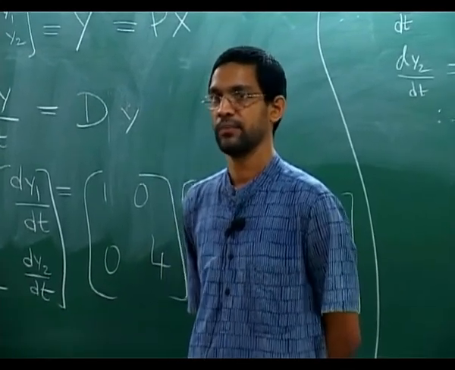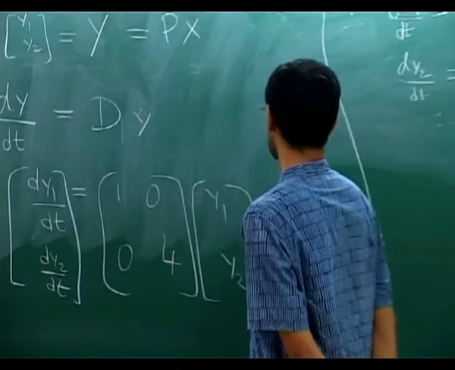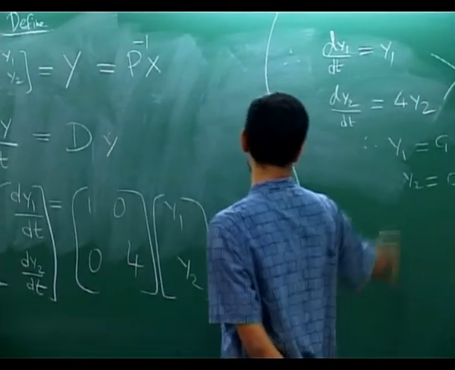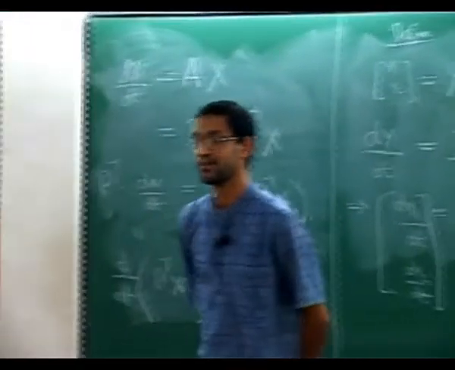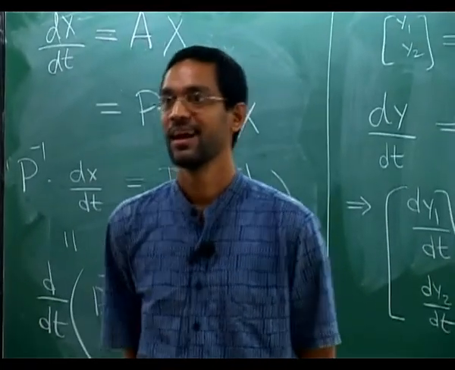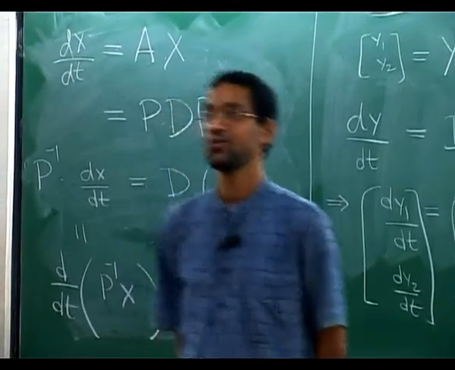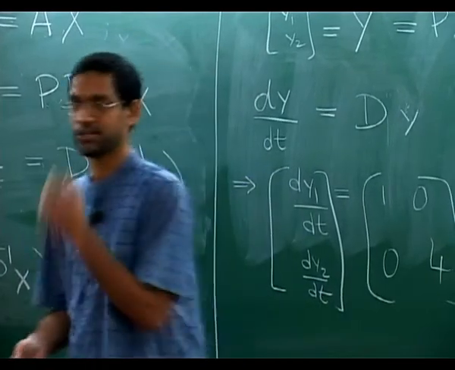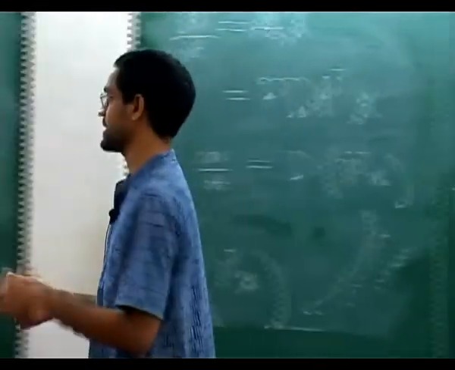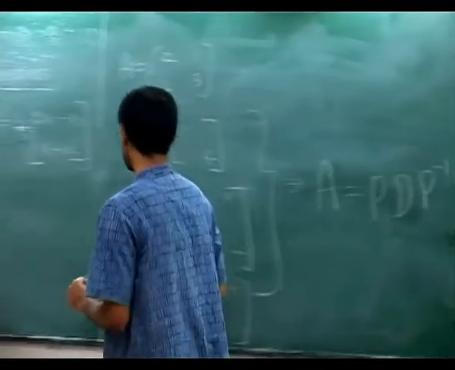Okay, so let me ask you a question then. This is almost done because I only solved for y1, y2. How do I get x1, x2? In the end, after all, my goal was to find a solution for x1 and x2, right? So how do you find x1 and x2 back? Well, there's one of two things.